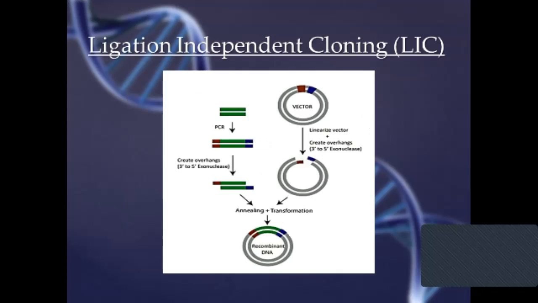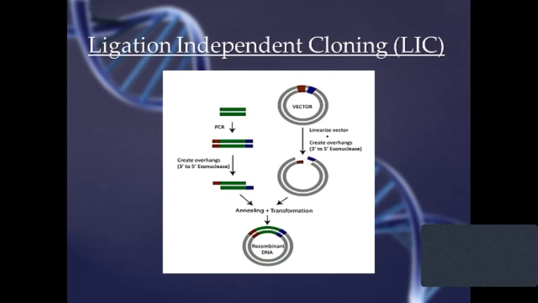Next, we will look at the ligation independent cloning. Ligation independent cloning is performed by generating short sequences at the end of the DNA insert that match to the short sequences of the plasmid vector. Enzymes with 3' to 5' exonuclease activity chew the 3' end and generate a cohesive end between the DNA fragment and the linearized vector.